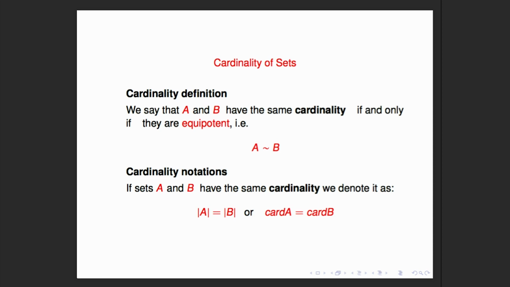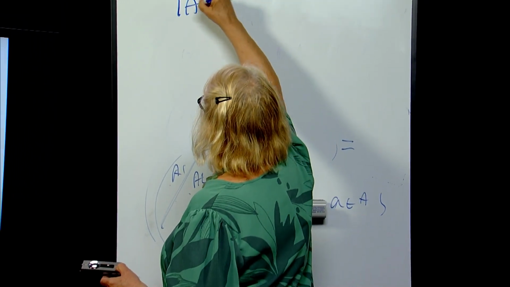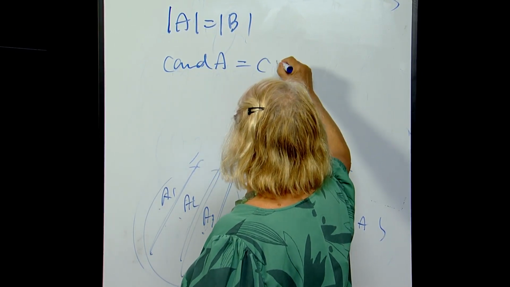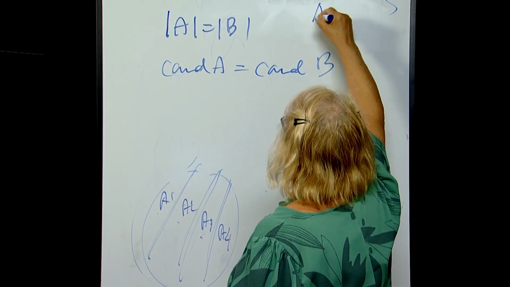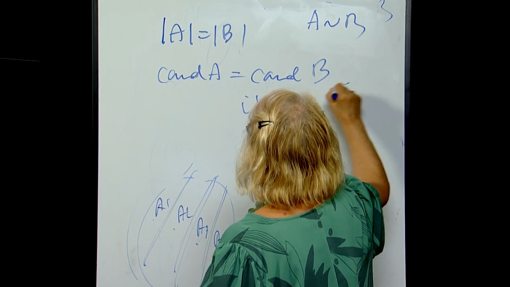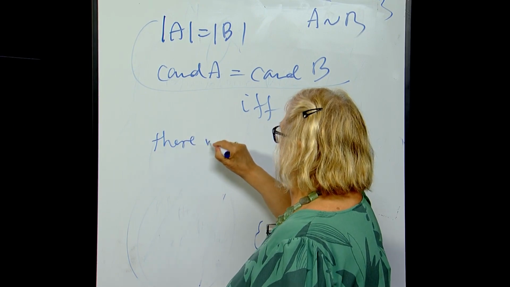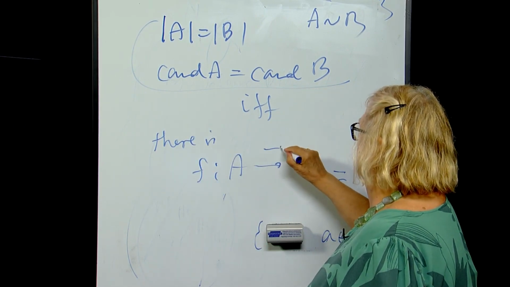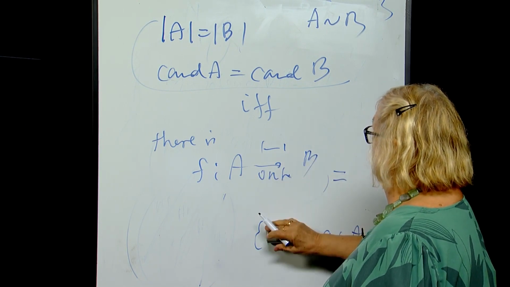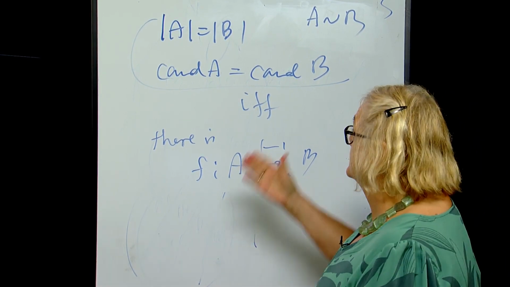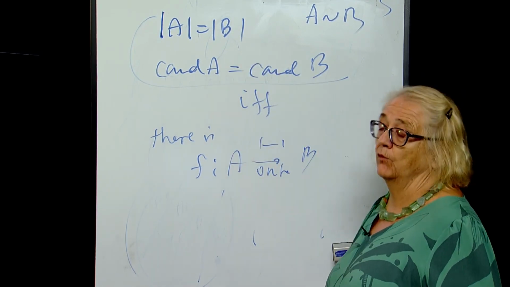We have different notations for cardinality, and we can write |A| = |B|, or cardinality A equals cardinality B. The definition for all this notation is that there is F which maps A one-to-one onto B. So they are the same in the general sense of number of elements.